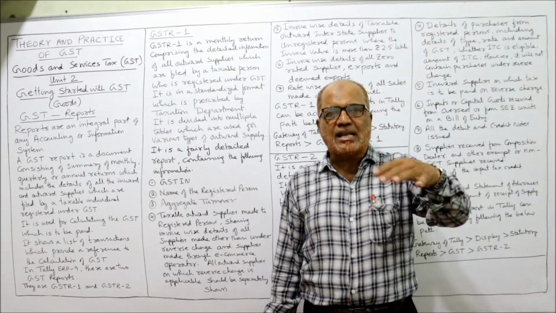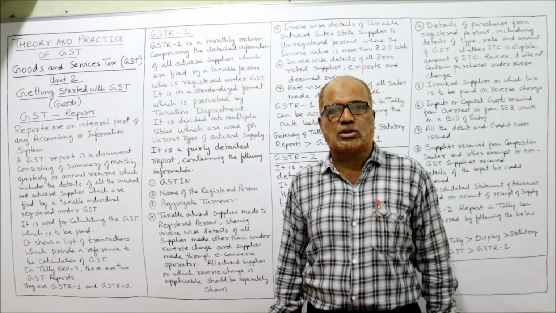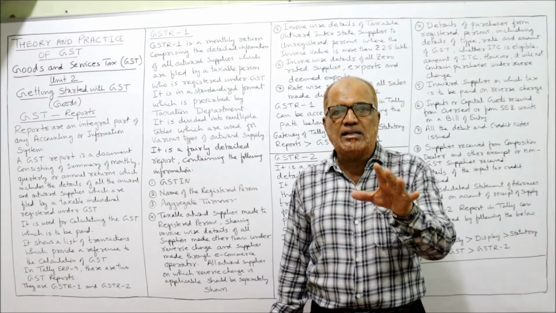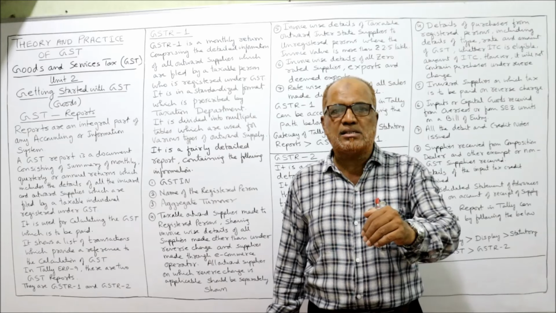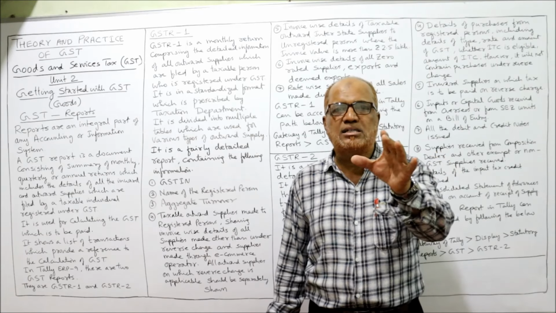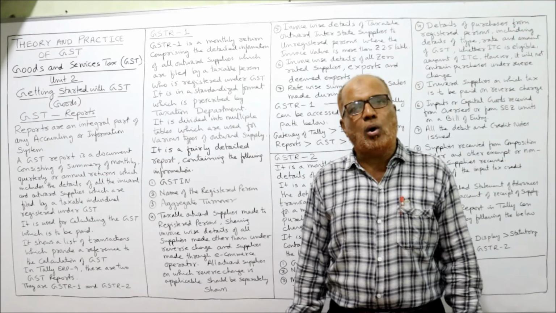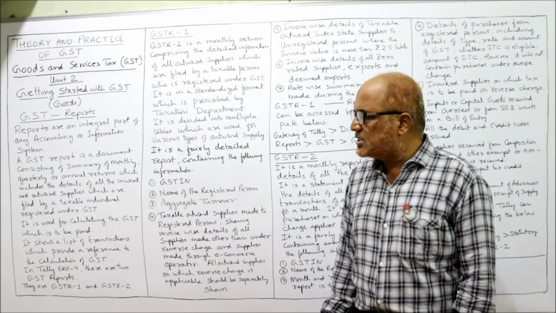A person who is registered under GST has to file the report, and this report should contain the detailed summaries of all the inward supplies and outward supplies during the period. The period may be monthly, quarterly or annually. So this is the meaning of GST report.